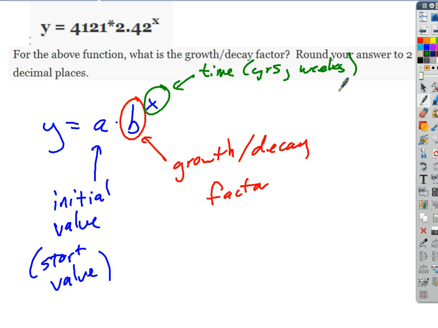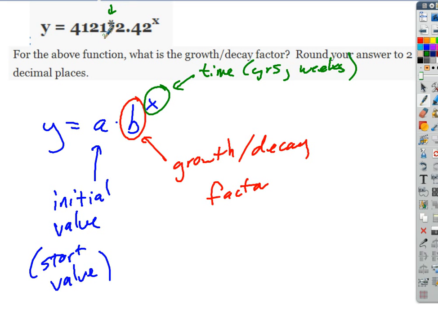If I match this function up to the template for an exponential function, what's A? The initial value of this function, who knows what it means, is 4,121. That's what we start off with.